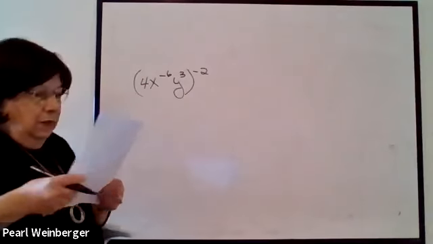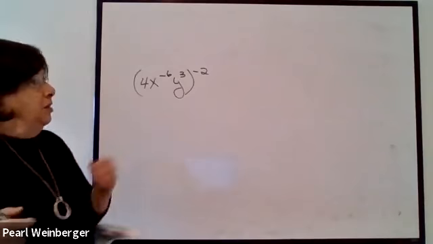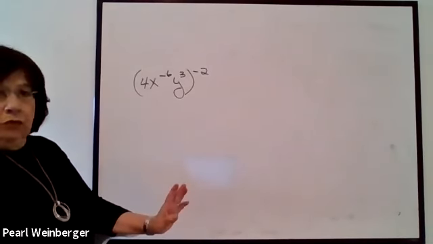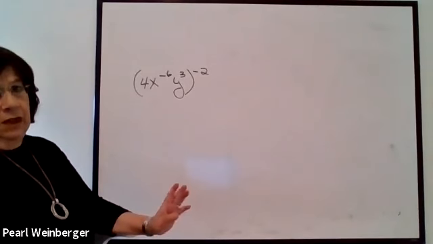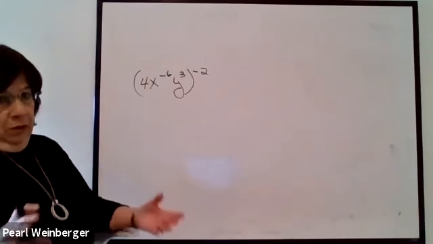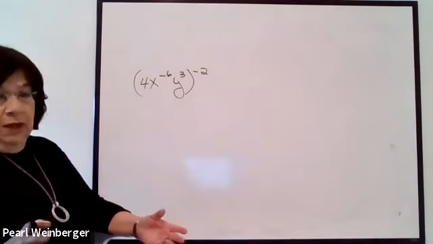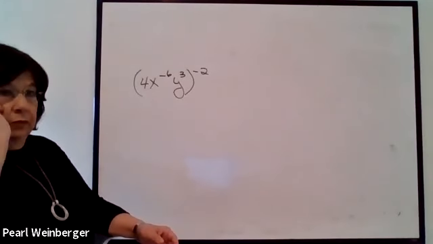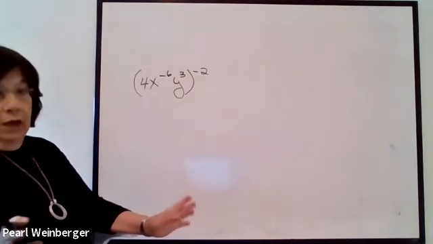Okay? What in the world does this mean? What we really want to end up with is an example that's reduced as much as possible and that all our exponents are positive. So here's how I think.